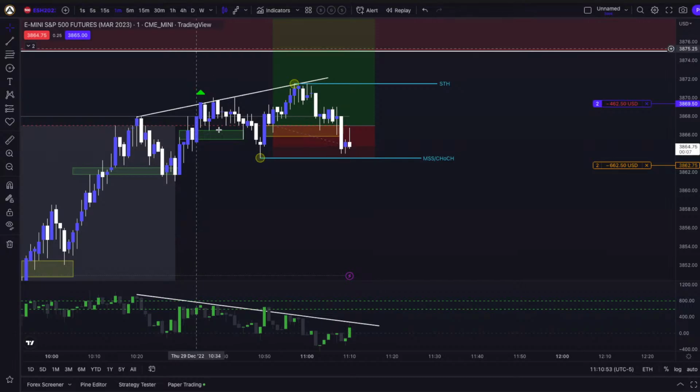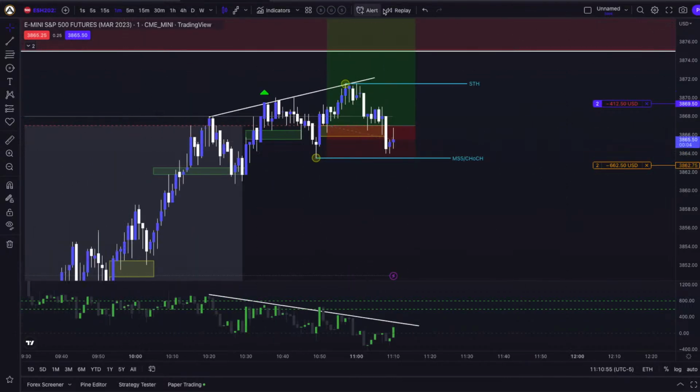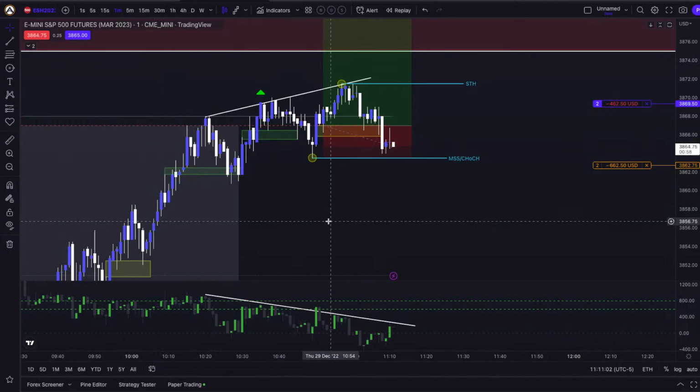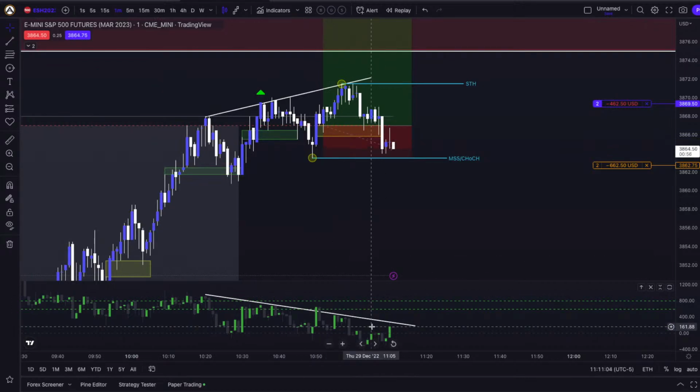If not, I think you just use the replay tool and replay the price action. I think you should be able to do the analysis yourself, because you're actually going to learn a little bit more from it if you're doing it yourself and then double checking with, for example, someone else's analysis.